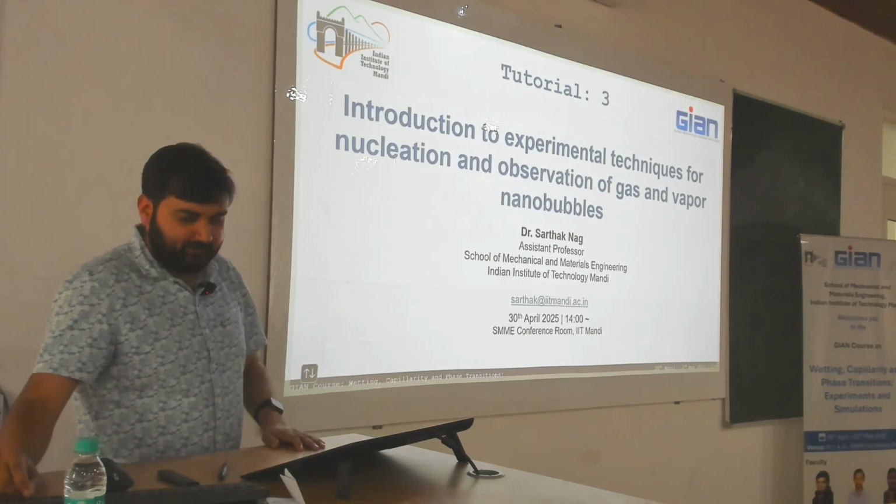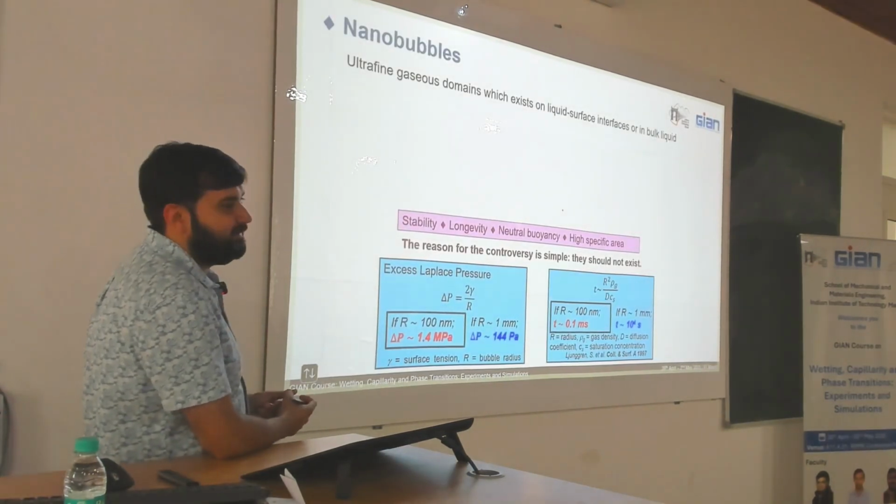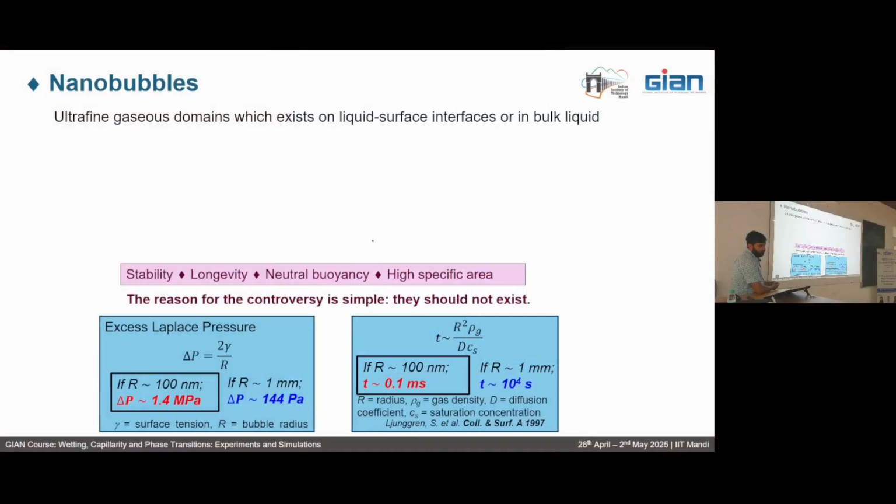As I discussed in the last class also, these bubbles can be defined as ultrafine gaseous domains which exist on the liquid surface interface or in bulk liquid. So these bubbles can be formed. Let's suppose that we have again a typical box, and let's suppose that this surface is hydrophobic.